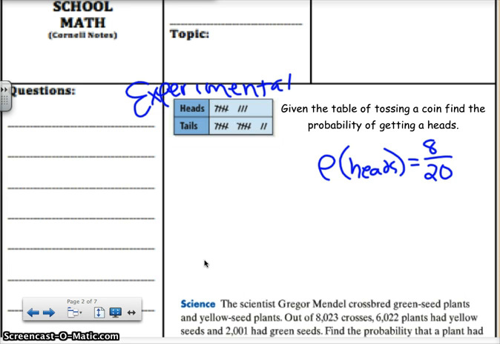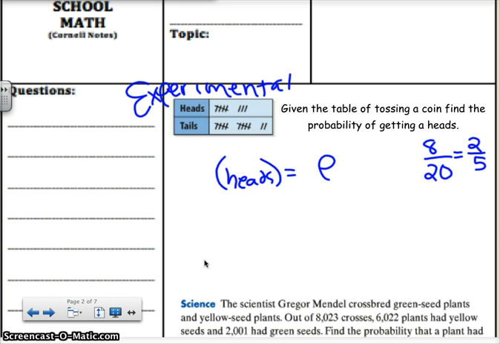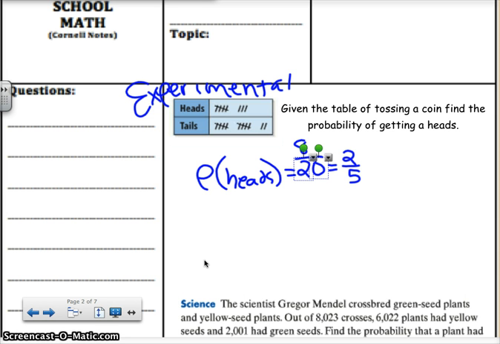You do not leave it like that. You simplify probabilities. So this would be 2/5, which is 0.4, which is 40%. You always want to be able to go fraction, decimal, percent.